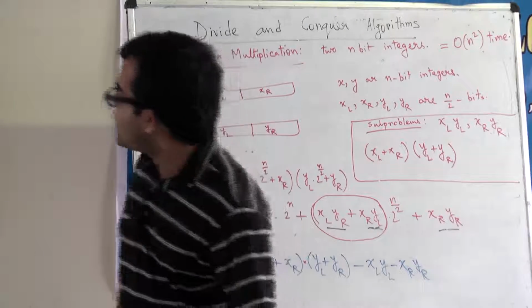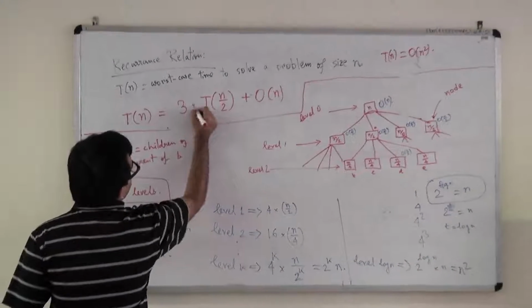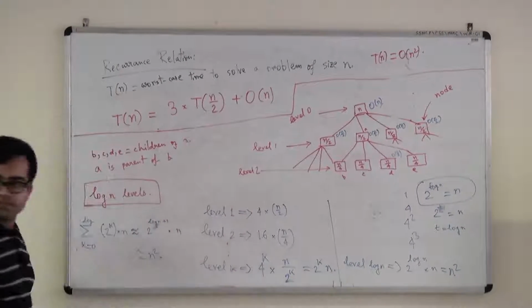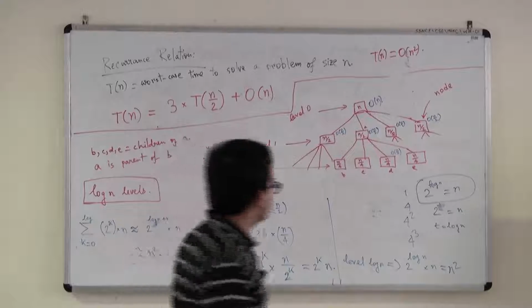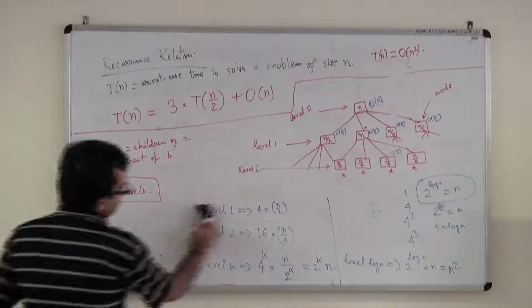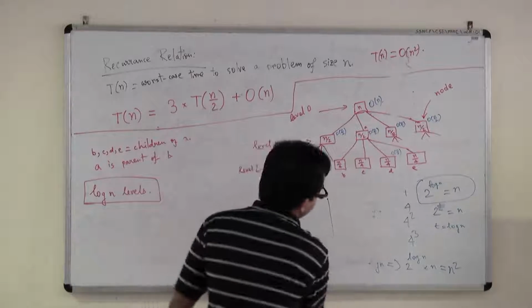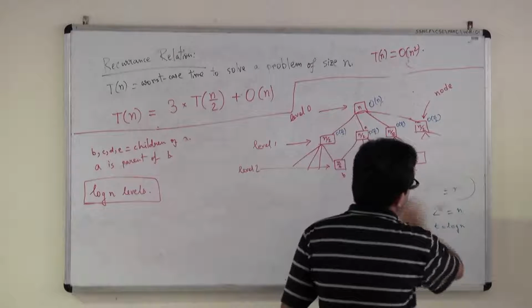Okay. Then what will you have? The recurrence relation will change, right? The only change that will happen is now this becomes 3 times T(n/2). So now let us look at this recurrence tree again and see what the running time is going to look like.